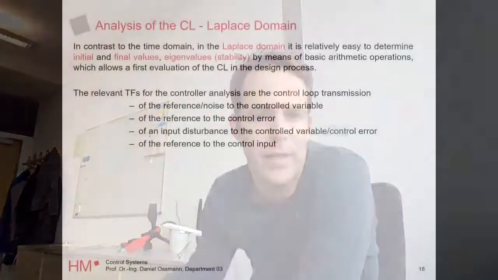So if your computer says, please espresso machine, I need 200 watts, that might work. But if it tells you I need 2 megawatts, this is not going to work, right? So you might need also to analyze different signals in your control loop, not only the input and output. Obviously, the reference input to system output is the most obvious one, because this is the one you're designing for. Okay, I'm going to show you that in a control loop.